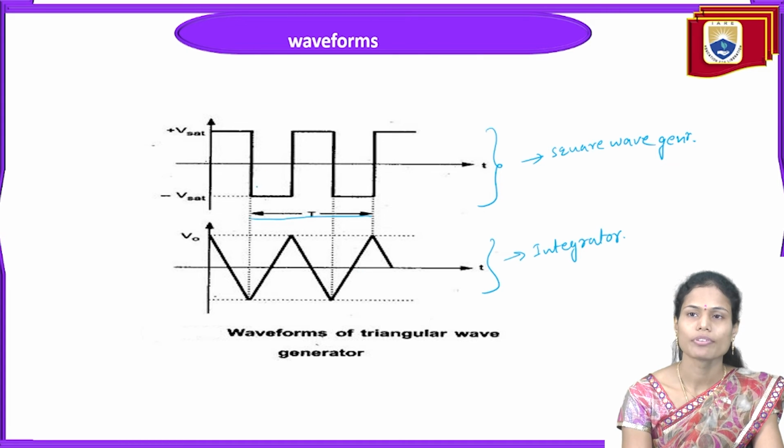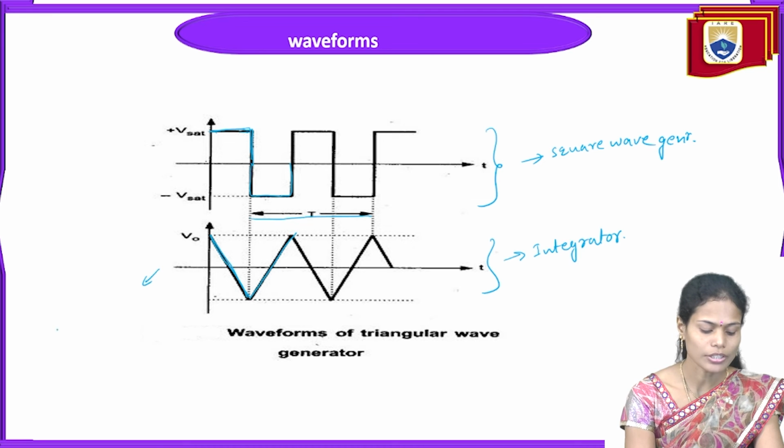If we observe the integrator circuit, when we provide the square wave as the input, for the positive rising edge of the square wave signal it provides the negative ramp signal, and for the negative signal it provides the positive ramp. Why? Because it is an inverting integrator circuit.